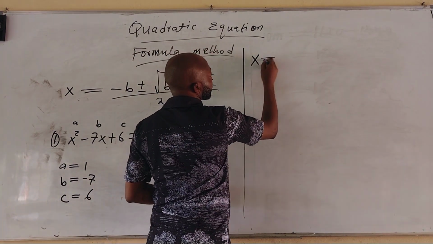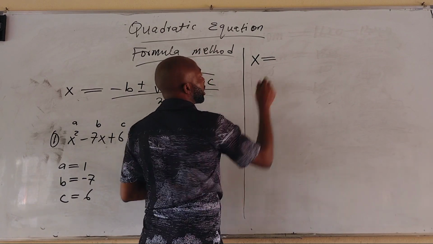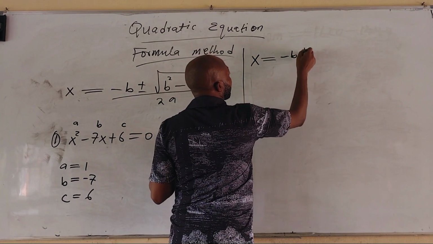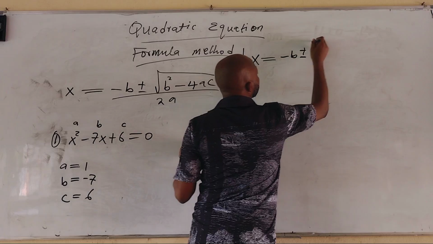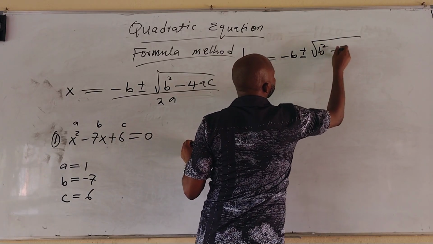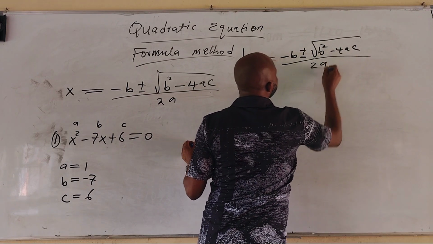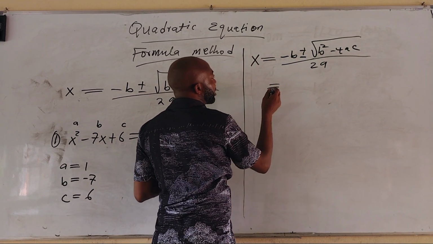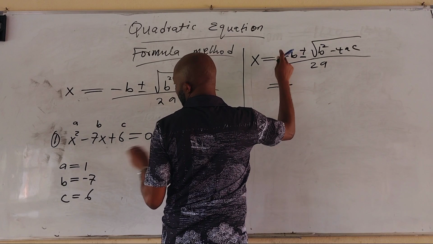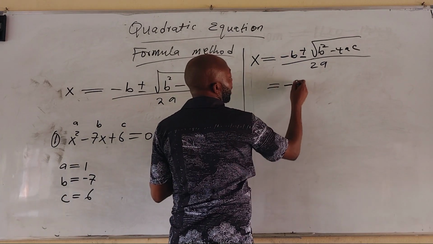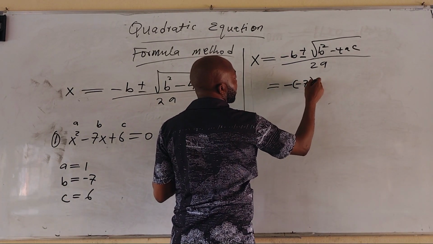x is equals to minus b plus or minus the root of b squared minus 4ac all over 2a. And this is equals to minus b. I have minus. b is what? Minus 7. So I have another minus here, 7.